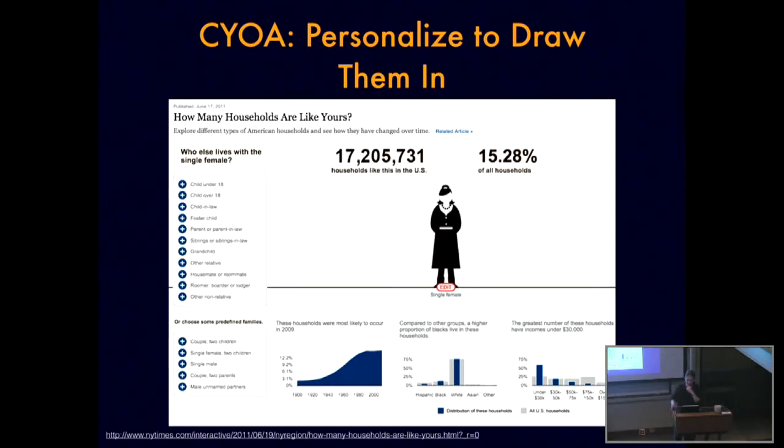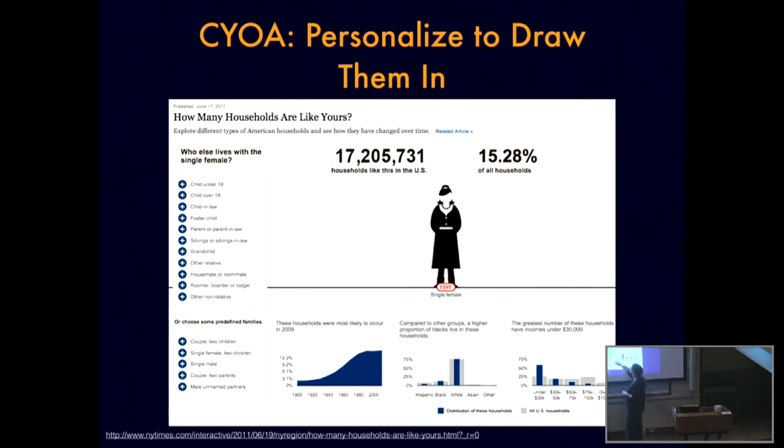So this is the acronym for Choose Your Own Adventure, but basically, you know, ask a little quiz like, who are you and who else lives with you, and then you'll get data tailored to you, like what your tax burden is or how you compare to the rest of the country.